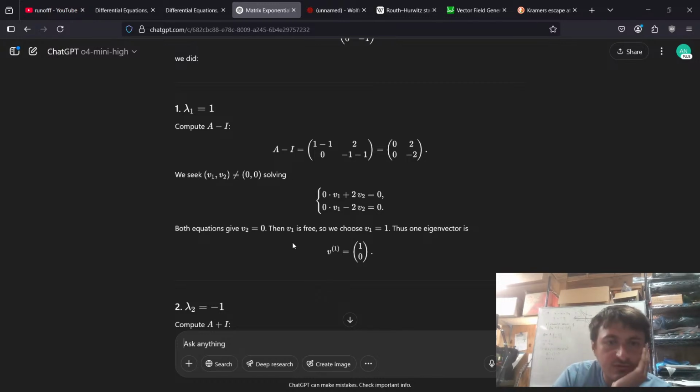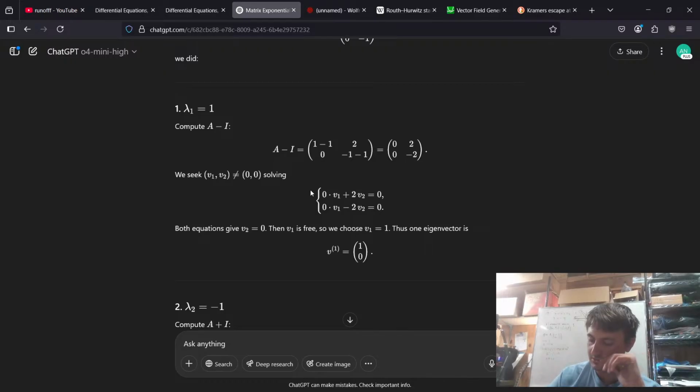Wait, we seek v1, v2. Okay, we need to find a non-zero vector for A minus lambda I times v equal to 0. So if we take x equal to 1, y equal to 0, then we get 0, 0. So 1, 0.